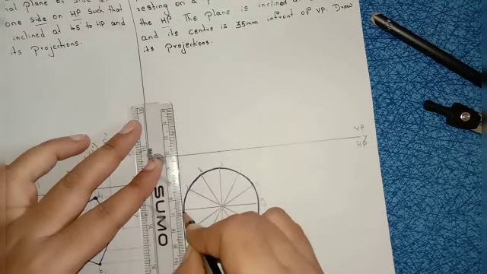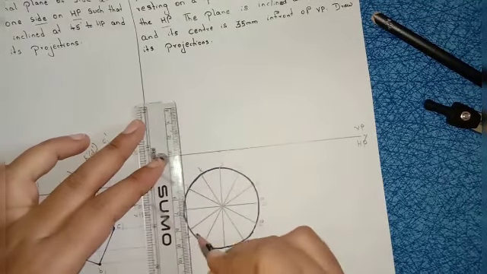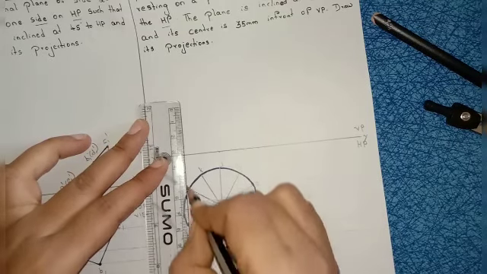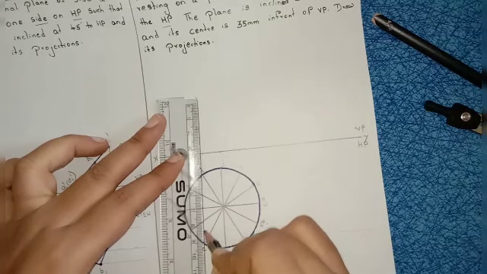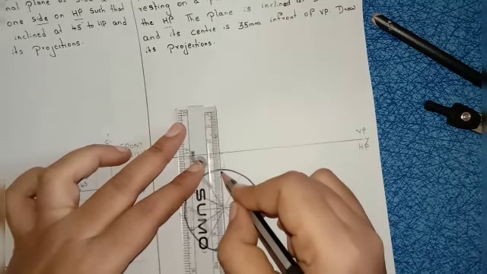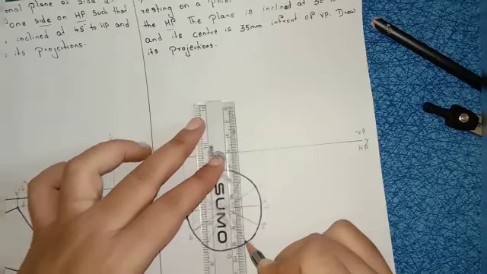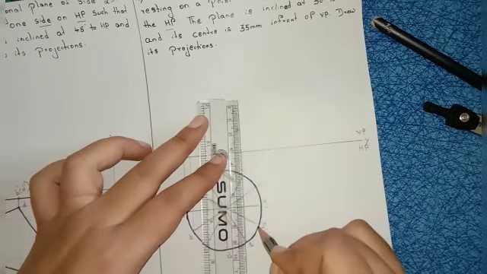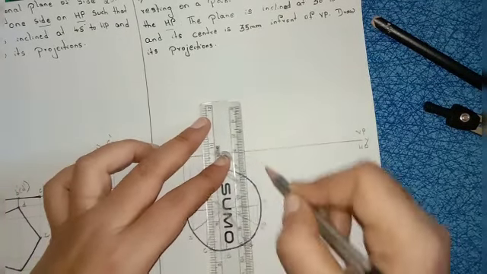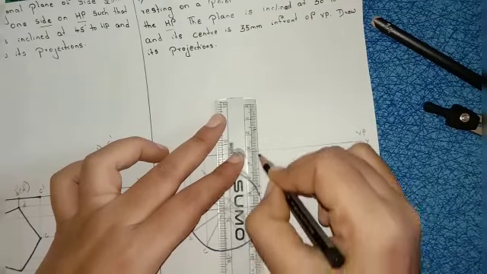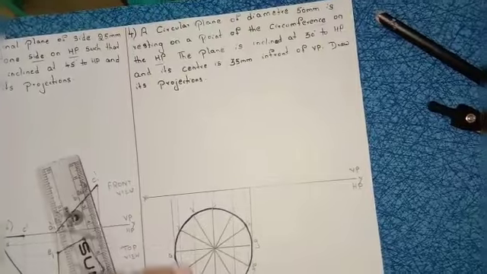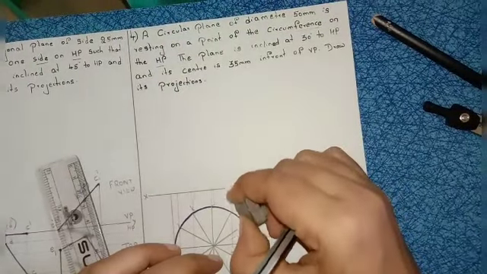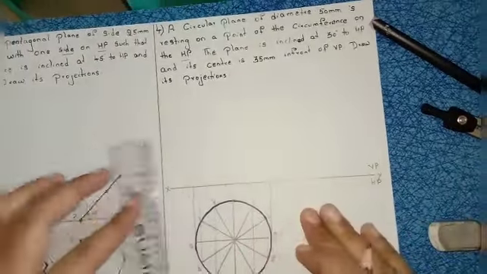After that, same process: from every corner project all the lines till the reference line. So from B, L, C, K, D, J and E, I, then F and H, and G. From all the points, from all the corners, you should project the lines till the reference line.